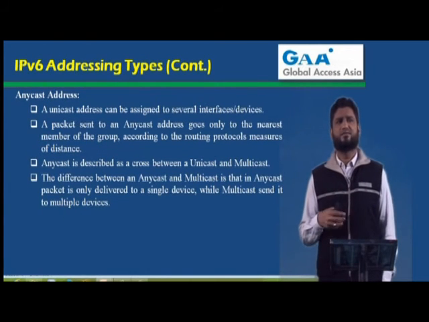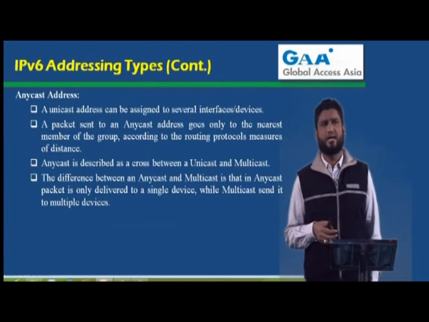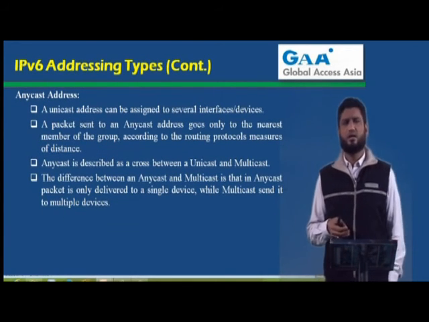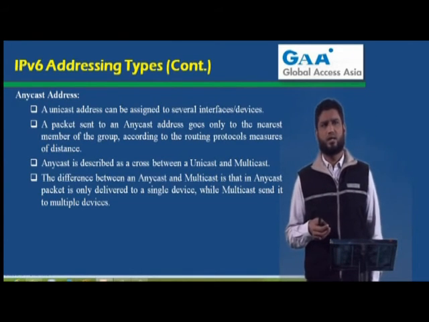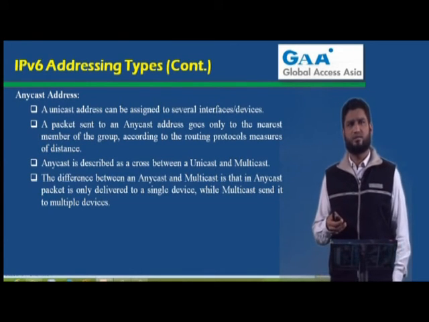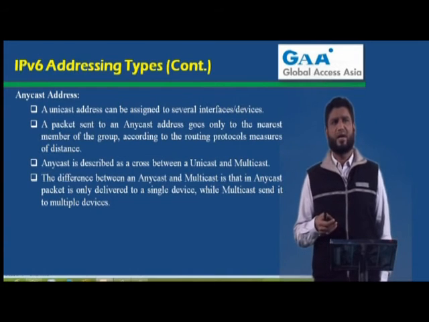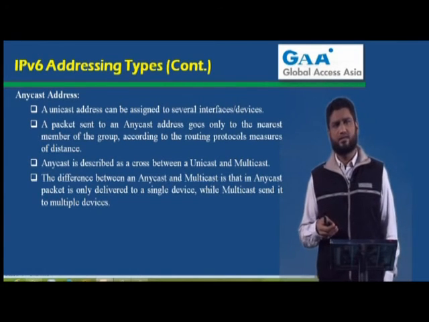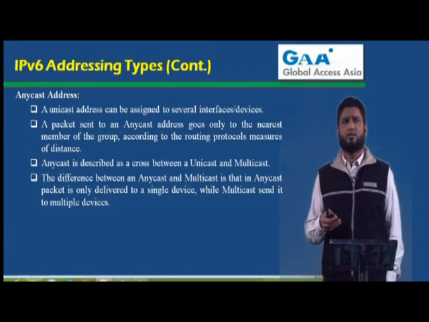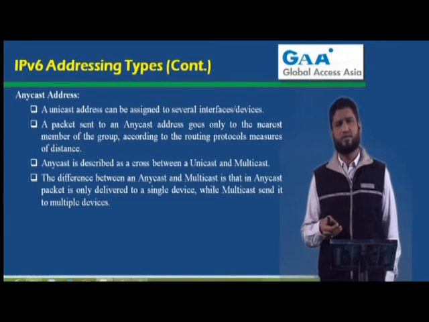Continuing this slide, anycast addresses can also be viewed here. An anycast address can be assigned to several interface devices. A packet sent to an anycast address goes only to the nearest member of the group according to the routing protocol's measure of distance.